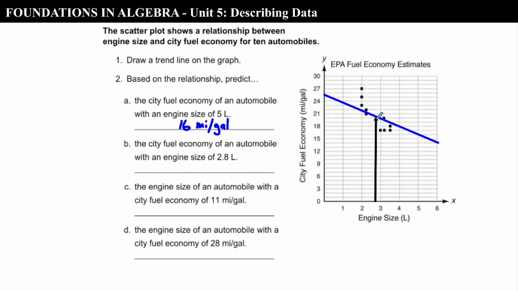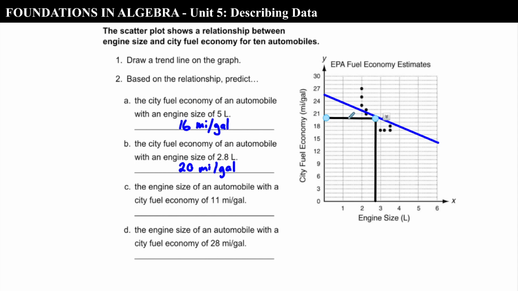So we're going to follow that up to our line, and then we're going to follow the line back to the y-axis. And we're going to read that this is, let's see, 18, 19, about 20. So we have about 20 miles per gallon for this one.